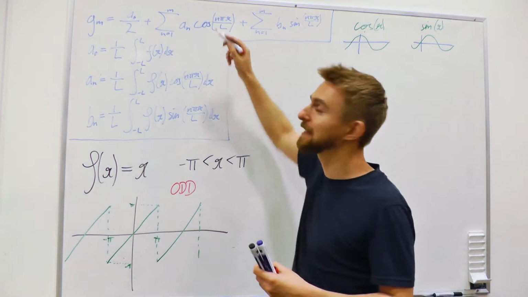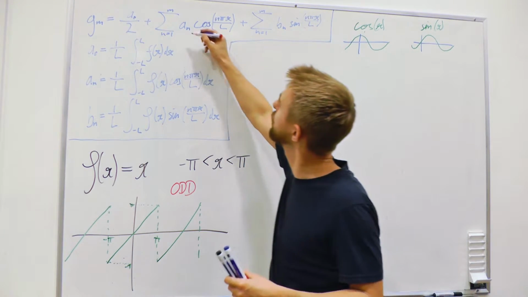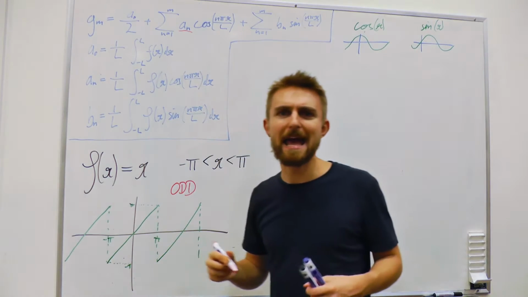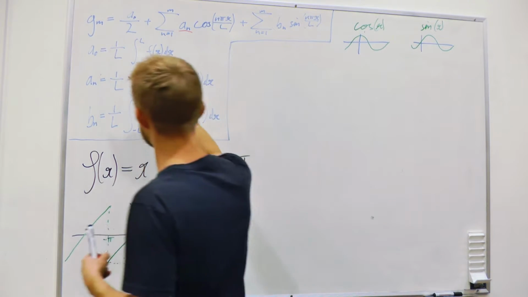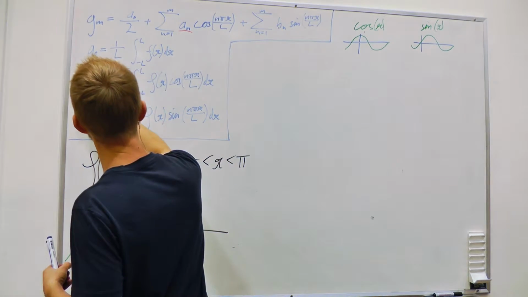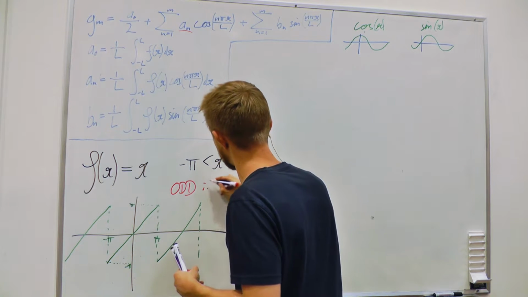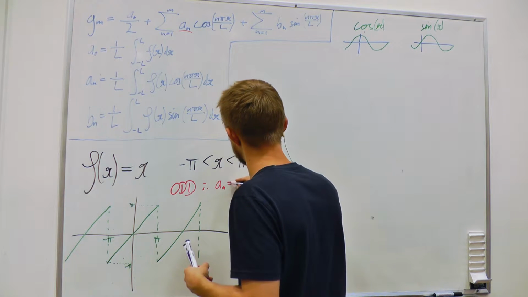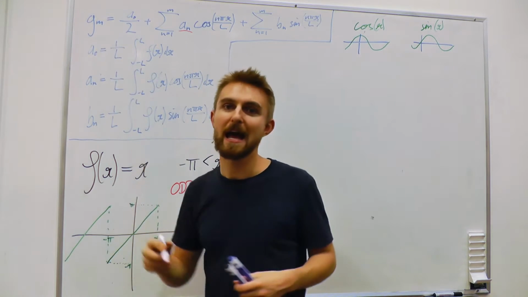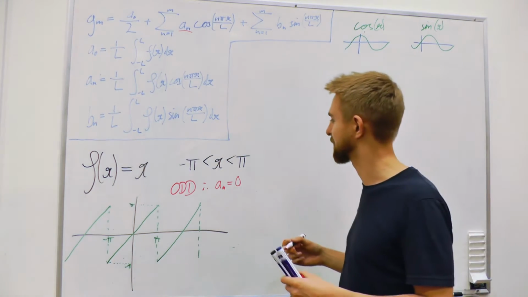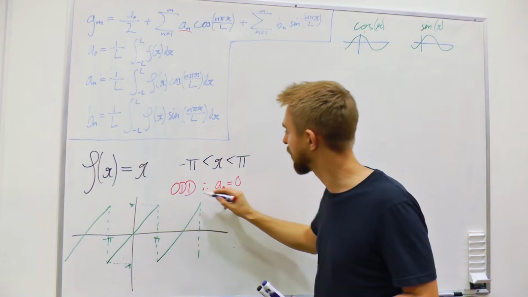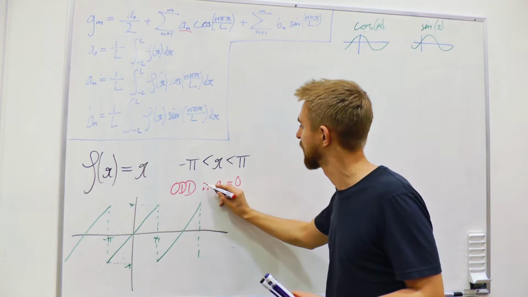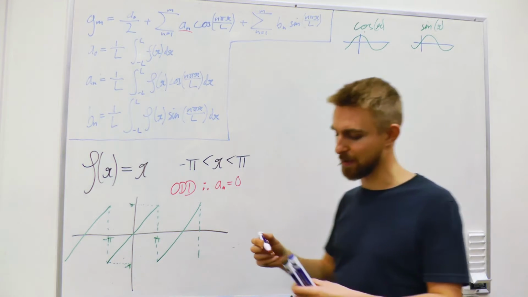It can't have any of these even terms, which means that all of your an coefficients are going to be 0. So there's no an, therefore an equals 0, and that includes a0, which is a special case of an. So it's odd, therefore all an equals 0.